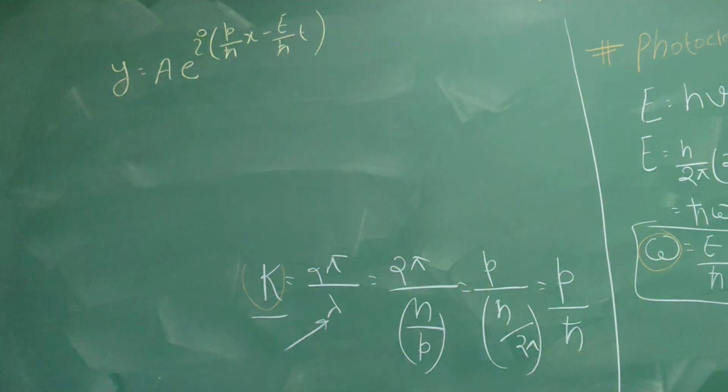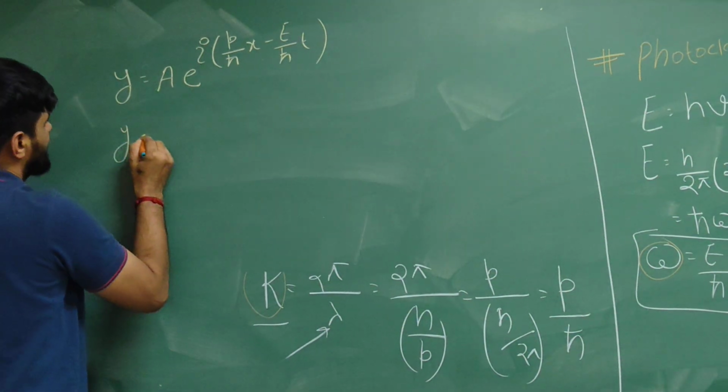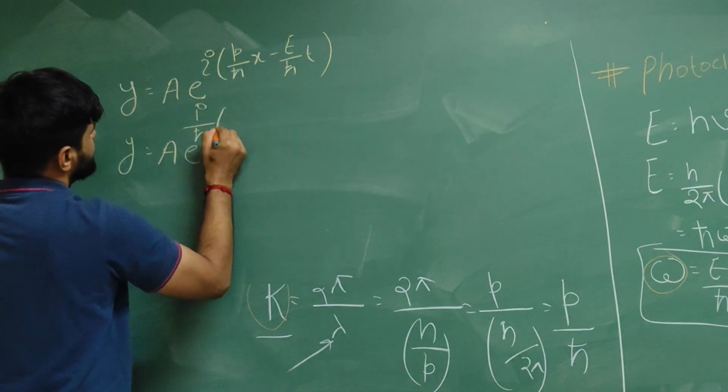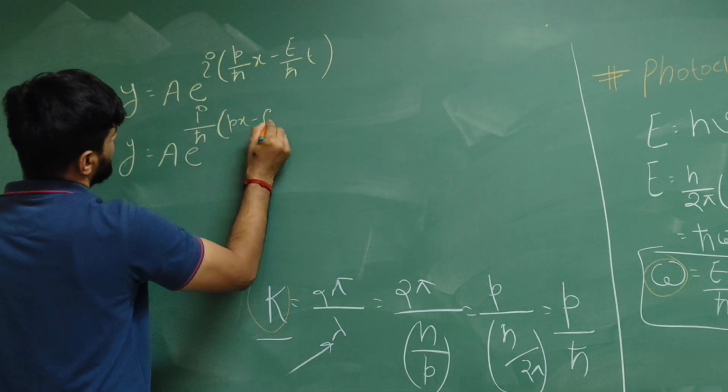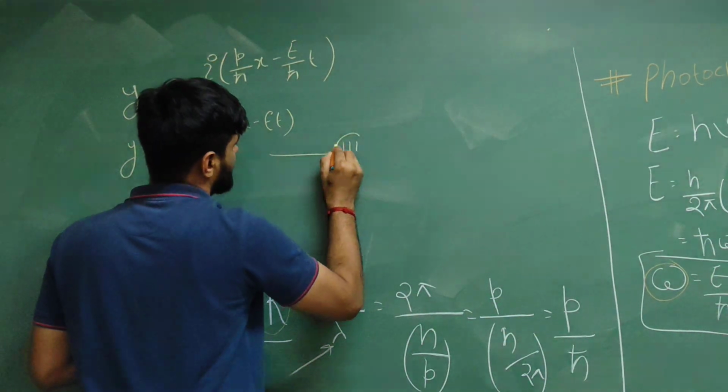Is that clear? So y can be written as a e to the power i divided by h bar, times (px minus Et). Let's say this is my third equation.